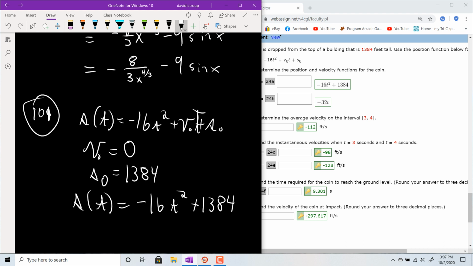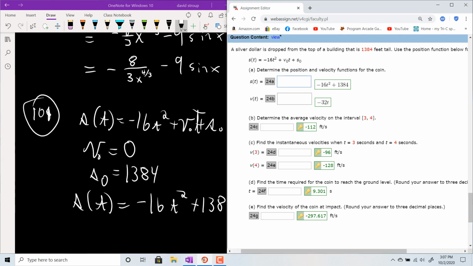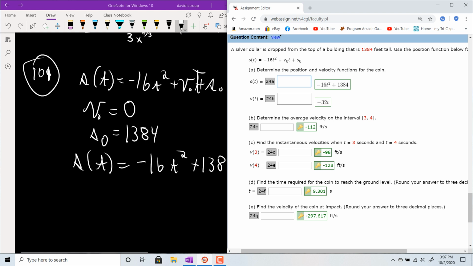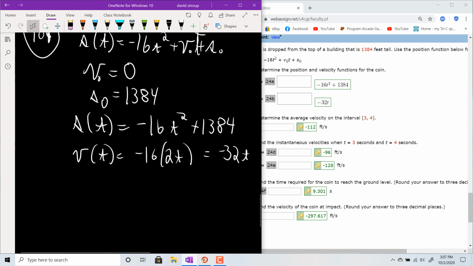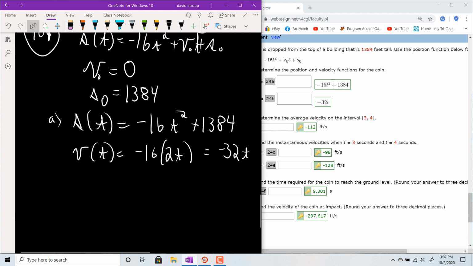And I think that's the first question they ask for. Then the velocity, you just find that by taking the derivative. So v of t will be negative 16 times 2t plus 0, so negative 32t. That's part A.